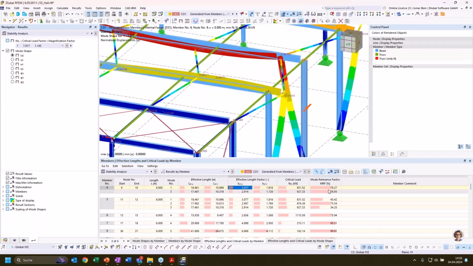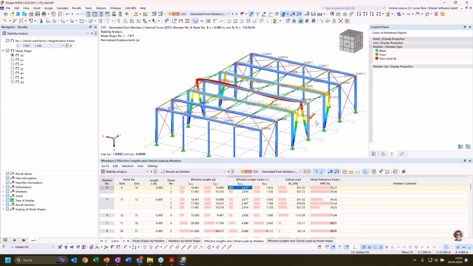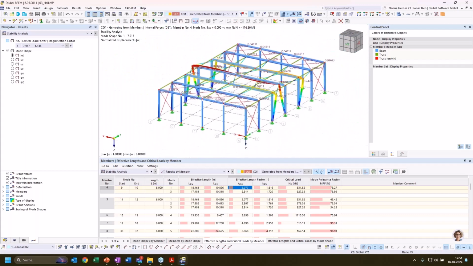So this is how the mode relevance factor can help you to assess the relevant mode shapes for a particular member design. Yeah, that's what I wanted to show you on this model.